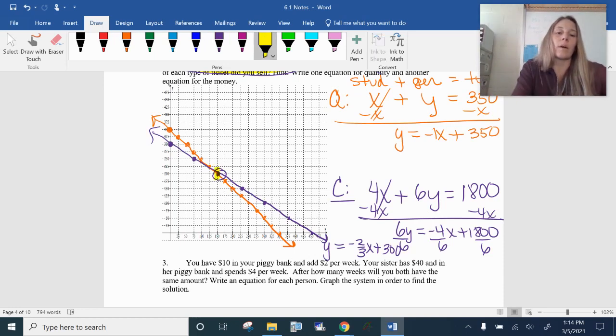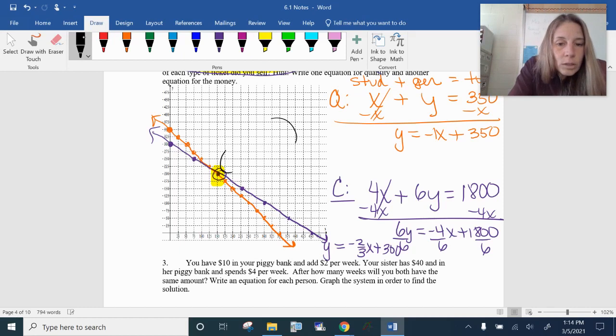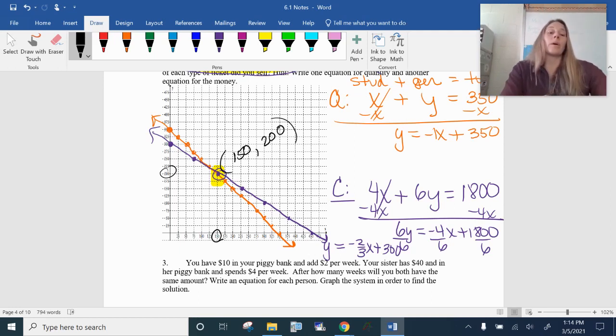So it's a little easier to identify that point of intersection, which looks like it's 150 and 200. Now again, when we're doing these problems, 150 what? Student tickets, because that's what our x represented, and 200 general.